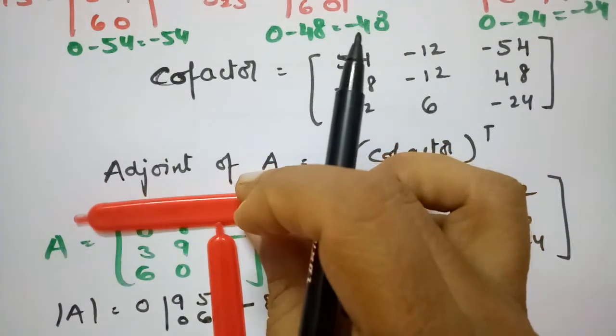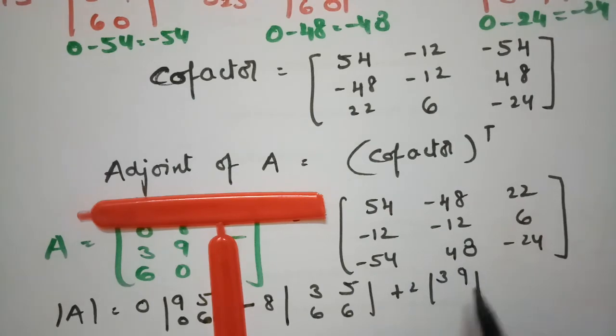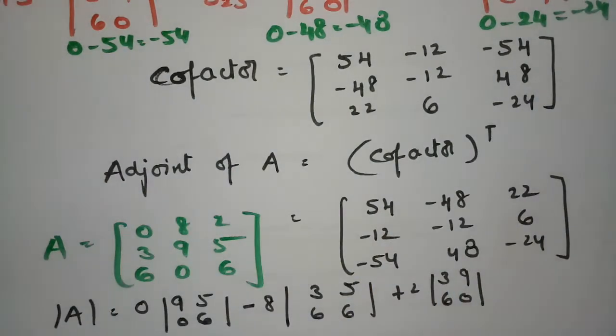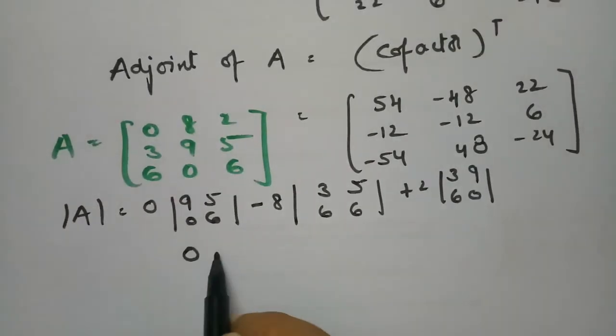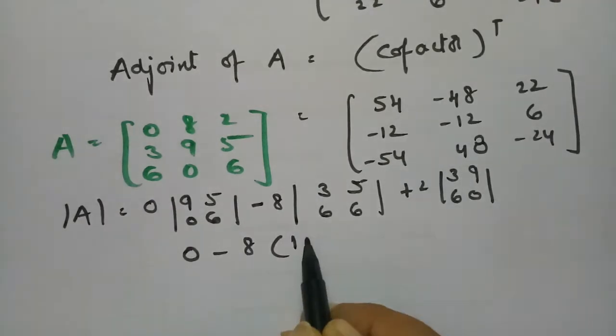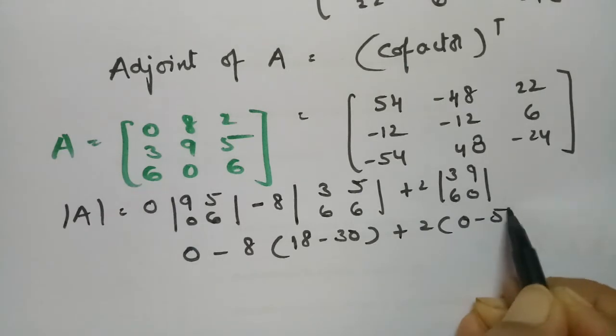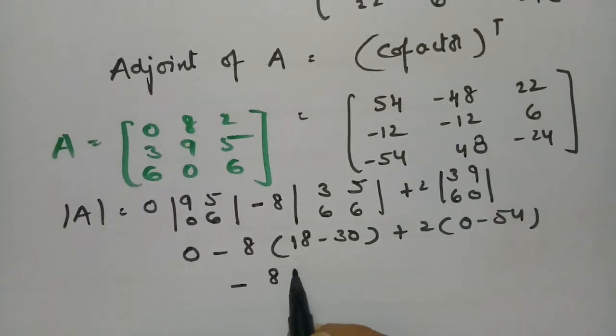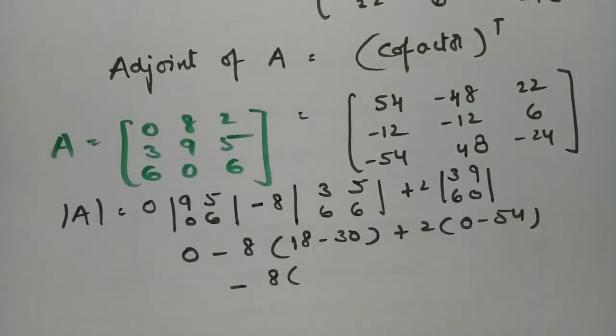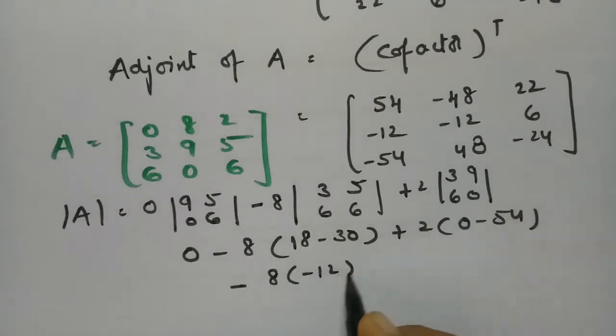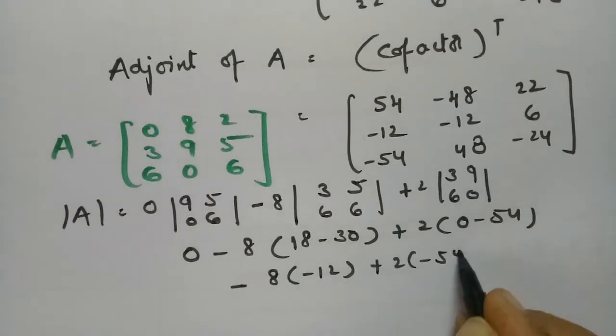Now I have to close this row and column. So this is 3960, and see here this value is completely 0. This is minus 8 times of 18 minus 30, and this is 2 times of 0 minus 54. This is minus 8 times of 18 minus 30. The value here is minus 12, and this is 2 times of minus 54.